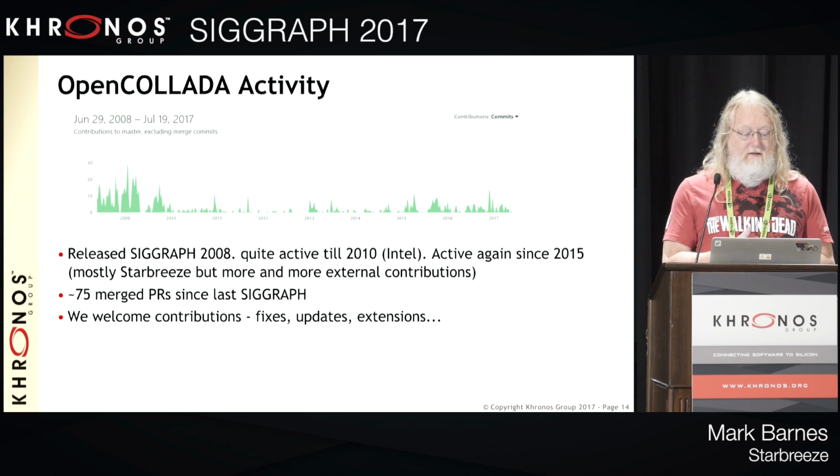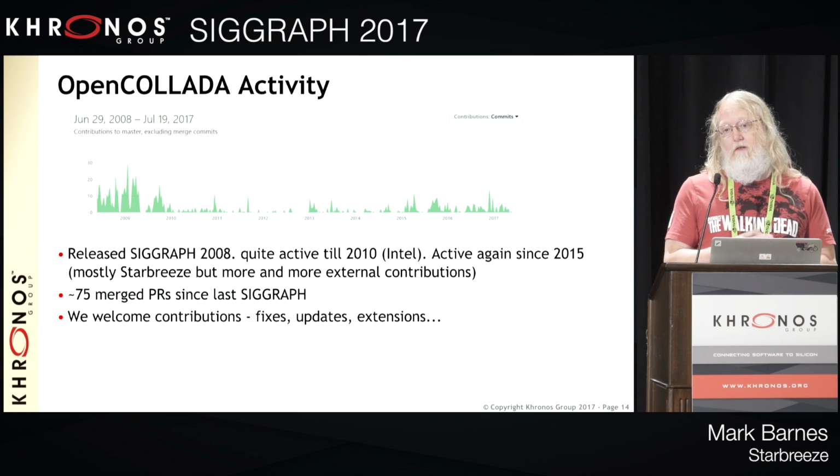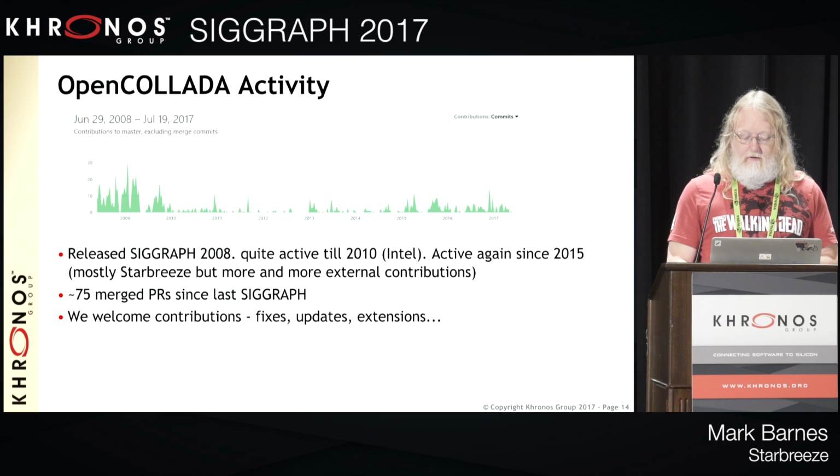And as the slide points out, we've done 75 merges in just the last calendar year of significant changes and improvements to the tool, and we're encouraging people to focus their attention on OpenCOLLADA as the sort of reference implementation, so that it can get better and focus the industry instead of diluting the industry.